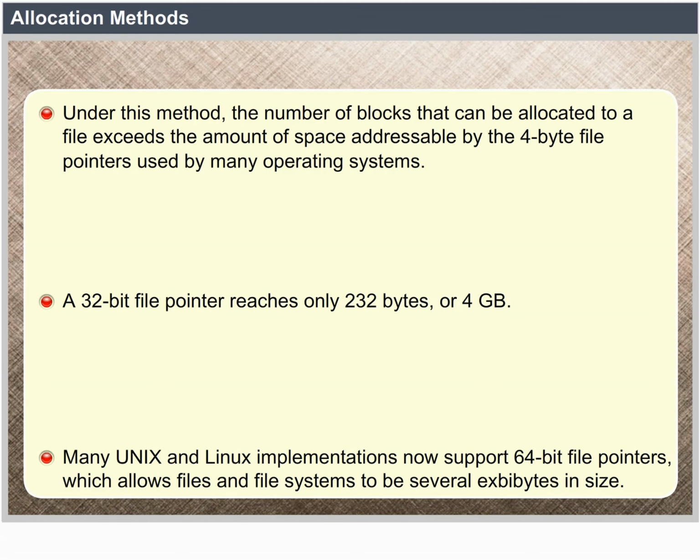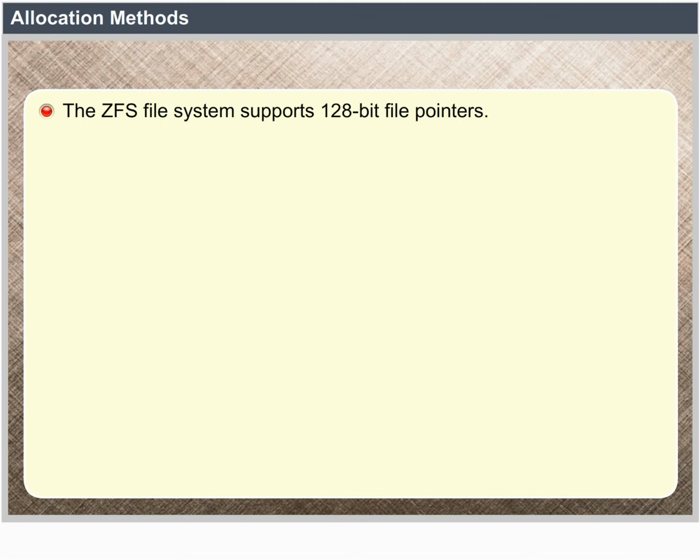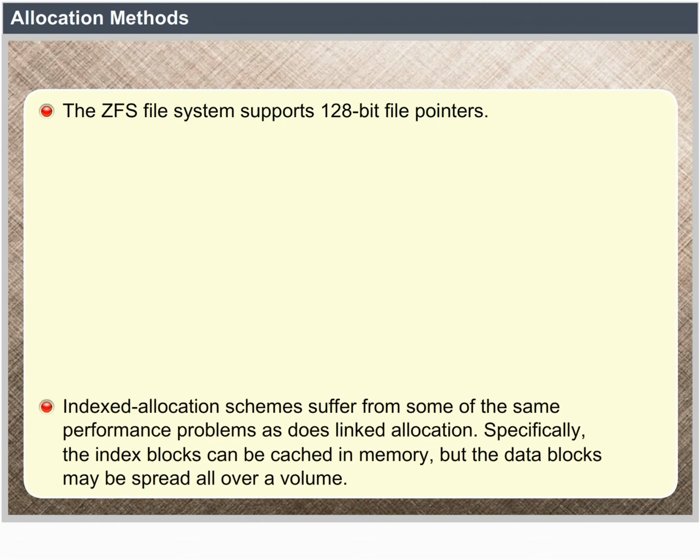The ZFS file system supports 128-bit file pointers. Indexed allocation schemes suffer from some of the same performance problems as does linked allocation. Specifically, the index blocks can be cached in memory, but the data blocks may be spread all over a volume.